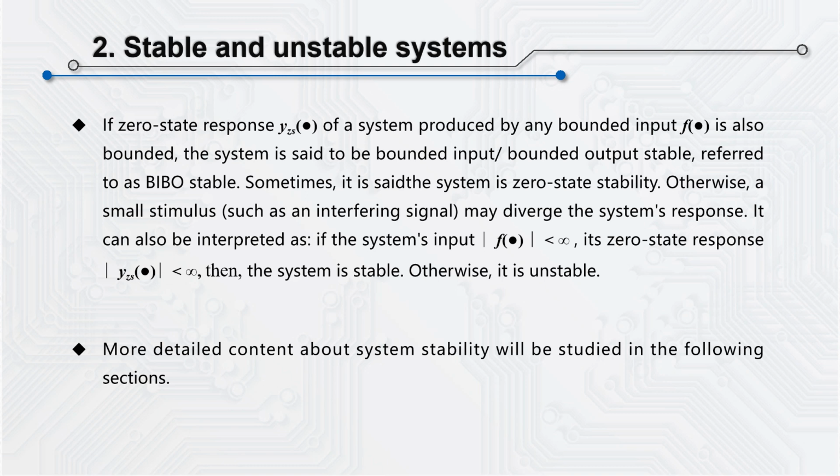The stability of a system can also be explained in this way. If the absolute value of the system's input f is less than infinity, and the absolute value of its zero-state response y is also less than infinity, then the system is said to be stable, otherwise it is unstable. More detailed content about system stability will be discussed in the following sections.